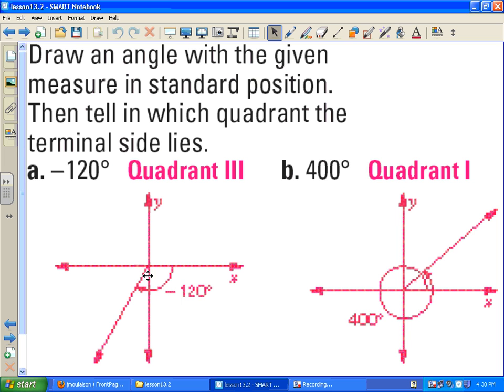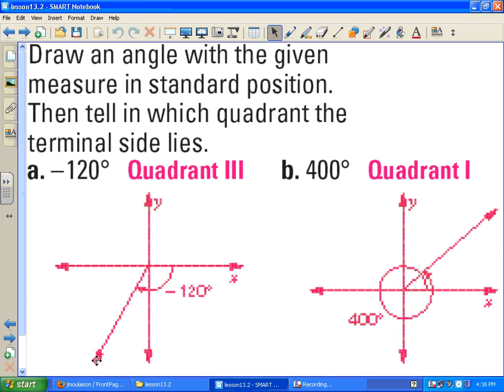Well, 90 degrees would make the terminal side lie right along the negative y-axis here. 120 degrees means I'll have to go beyond that negative y-axis. So here in the third quadrant, I could indicate my terminal side, and here's my angle of negative 120 degrees.